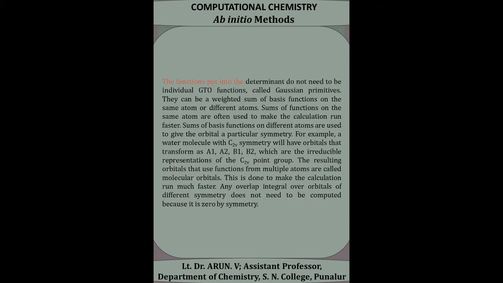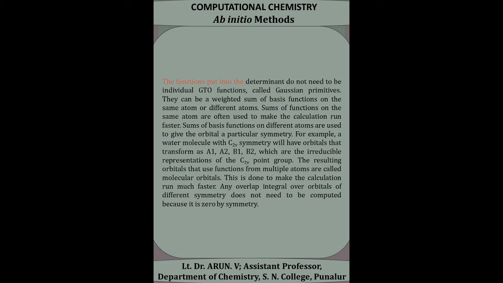The functions put into the determinant do not need to be individual Gaussian type functions, called Gaussian type primitives. They can be weighted sums of basis functions on the same atom or different atoms. Sums of functions on the same atom are often used to make the calculations faster. Sums of functions on different atoms are used to give orbitals with a particular symmetry.